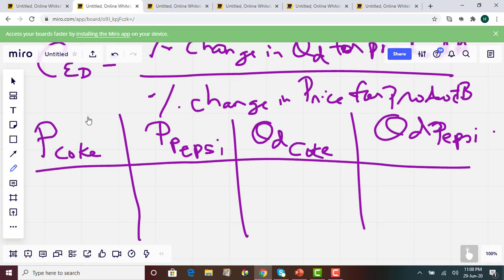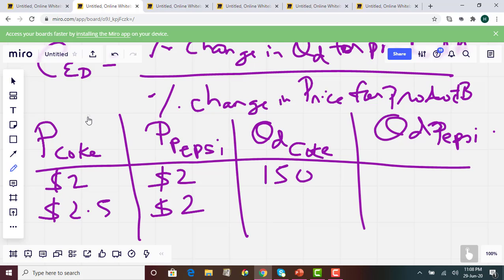Let's say the price of Coke goes up from $2 to $2.5. Price of Pepsi remains the same at $2. Now quantity demanded for Coke was 150 when the price was $2, but when the price went up, because of the law of demand, as there is a negative relationship between quantity demanded and price, the quantity demanded will fall, and let's say it drops to 120.